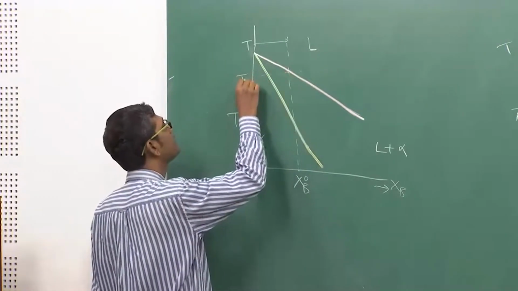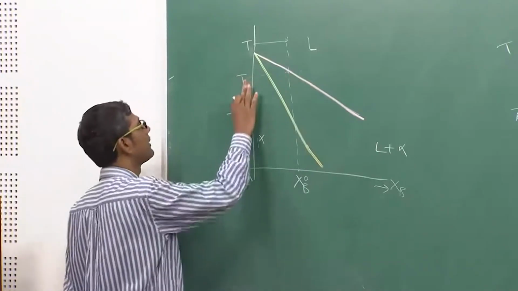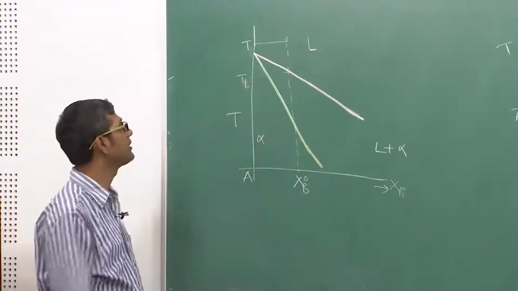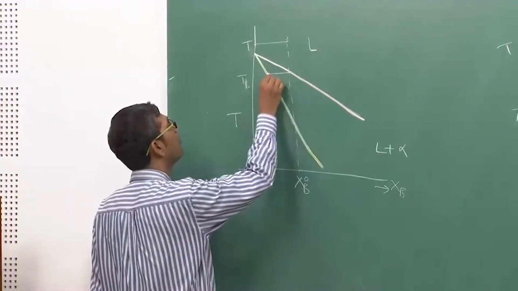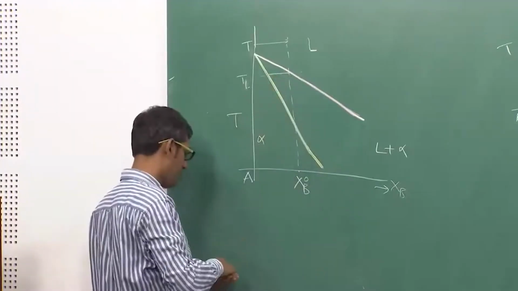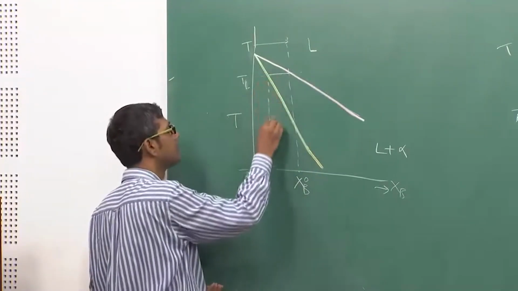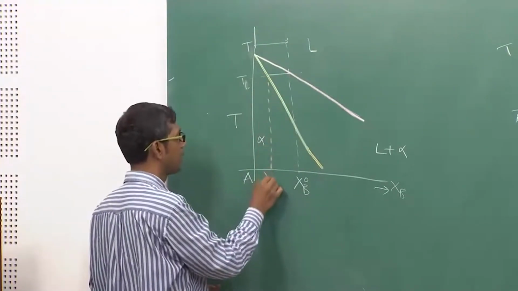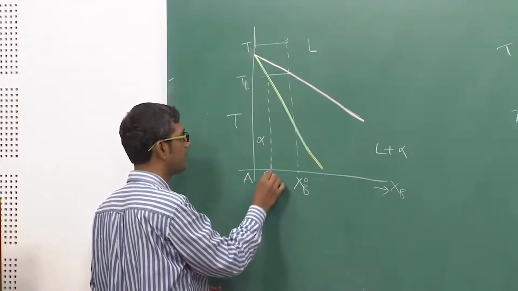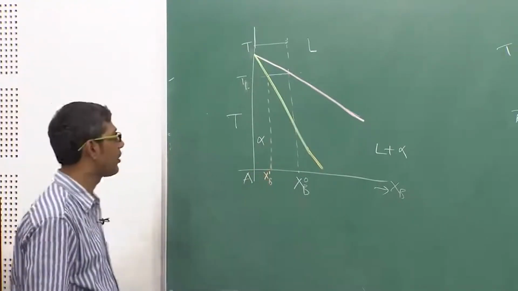So at temperature T1 things will start happening. At temperature T1 a solid will form whose composition is given by this point. Let us suppose this is Xb1, the solid composition.